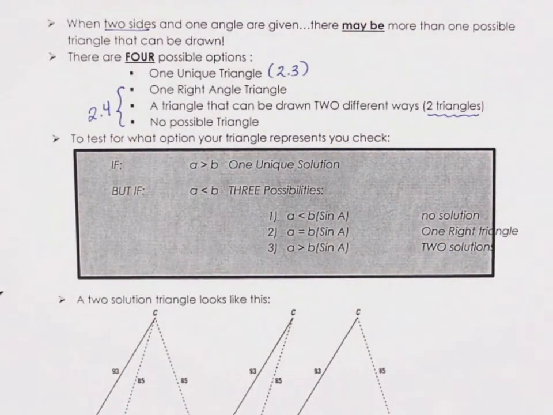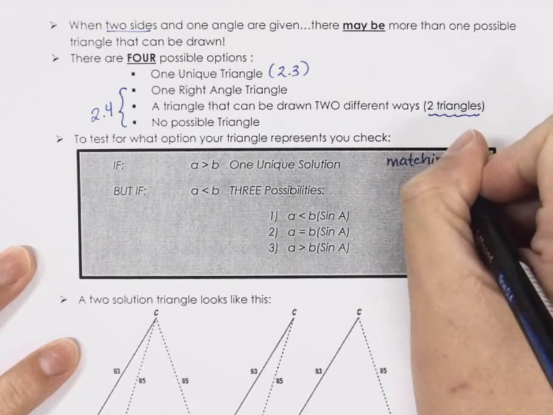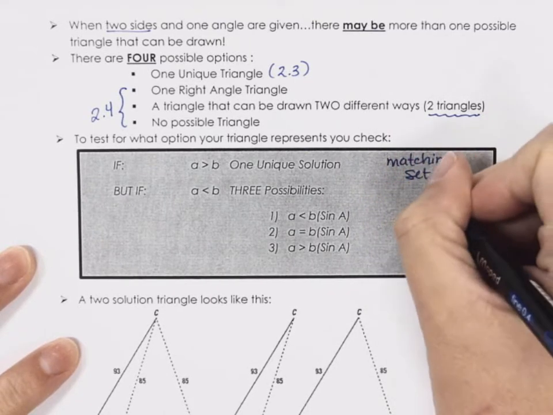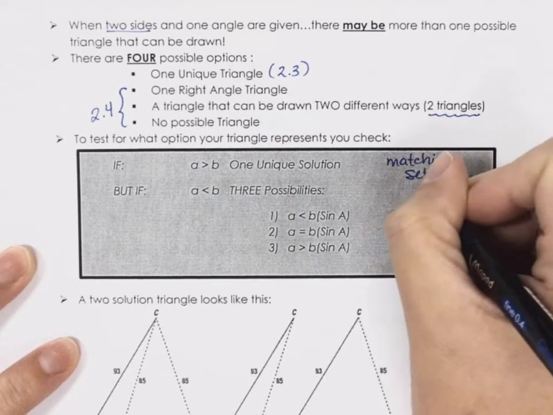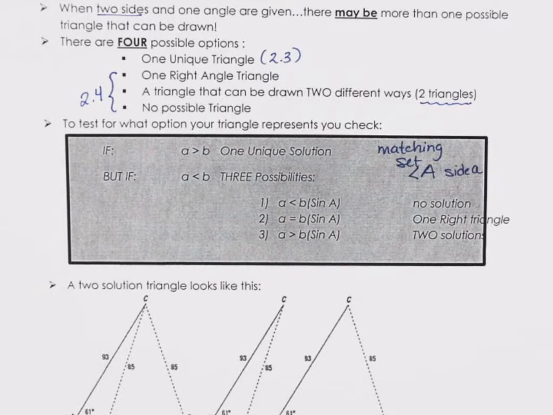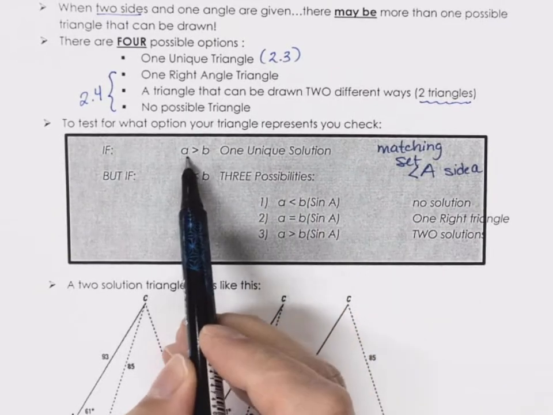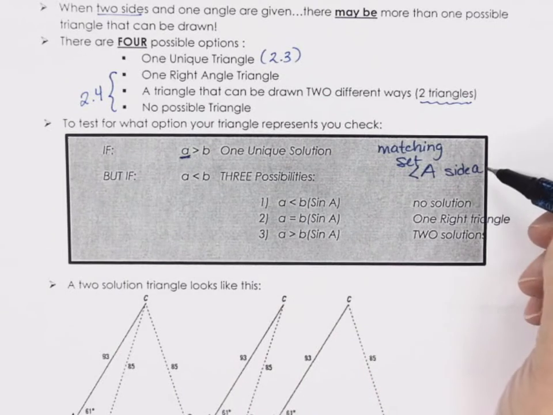All right, so remember I talked about matching sets? You guys with me? Okay. Your matching set is angle A and side A. When I'm referring to A here, I'm referring to the side that's in your matching set. Again, the letters may change.